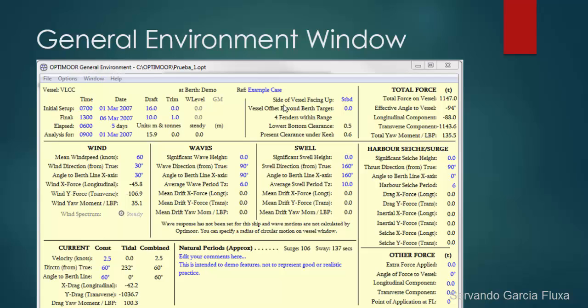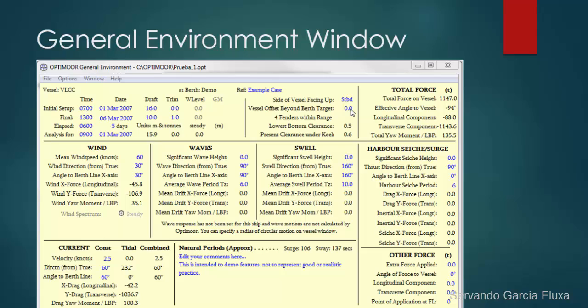What else does OPTIMOOR ask us here? Side of vessel facing up. Here you define if the deck of your harbor is facing up or facing down. Here it is facing up, so it's like a standard setup. Here OPTIMOOR asks us for the vessel offset beyond berth target.